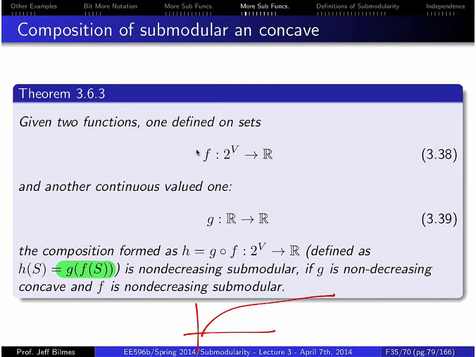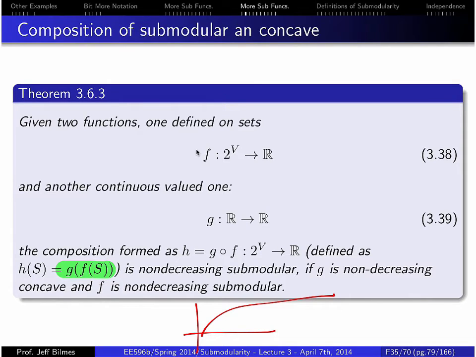There's a notion of diminishing returns in concavity already, and a notion of diminishing returns in submodularity. So it seems like submodularity and concavity should go hand in hand, right? Is that always the case? No, as we will see. Here's one instance where they maybe go pinky and thumb, as opposed to hand in hand.